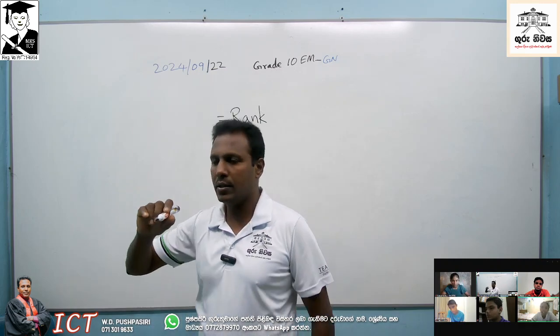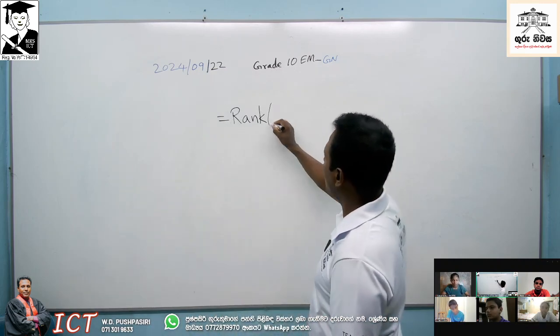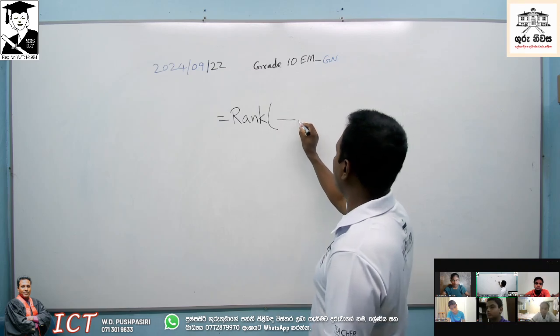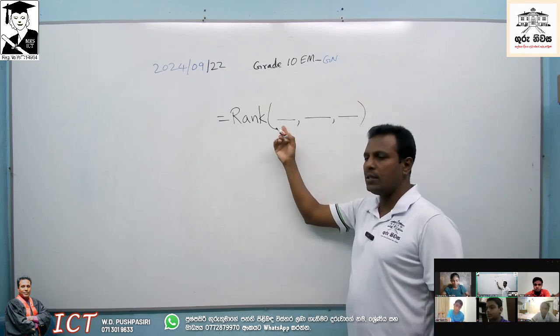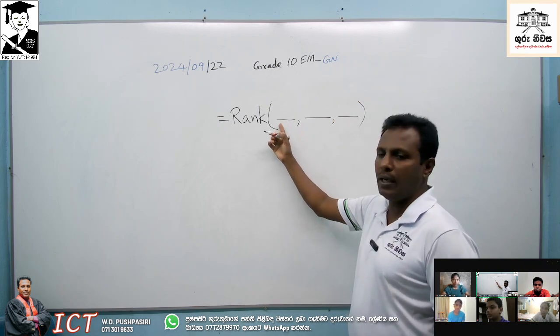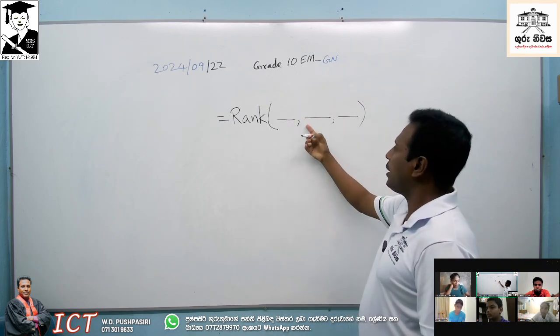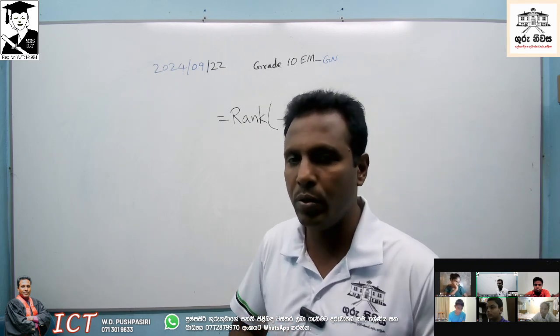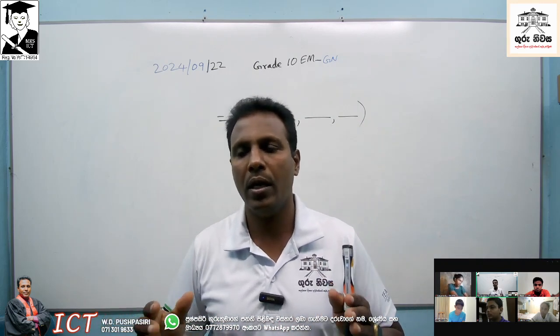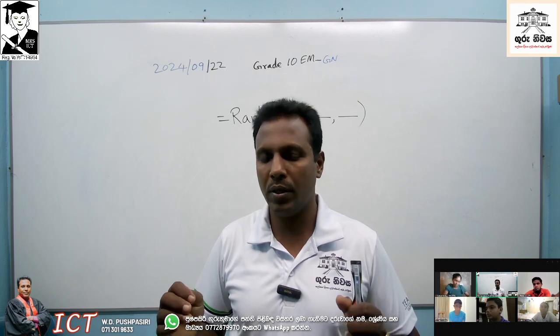Right, yes. In that scenario you have to give three arguments. The first is the beginning cell, the second is the range, and that range has to be an absolute cell reference.